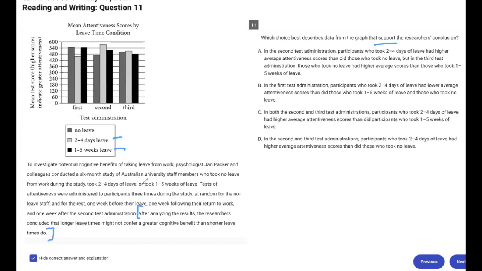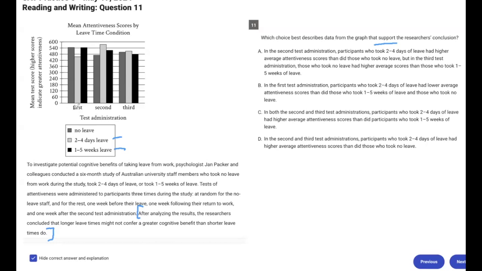I also wanted to note here that when the participants took their attentiveness tests, they took one 1 week before they went on vacation, and then 1 week after, and then 2 weeks after.